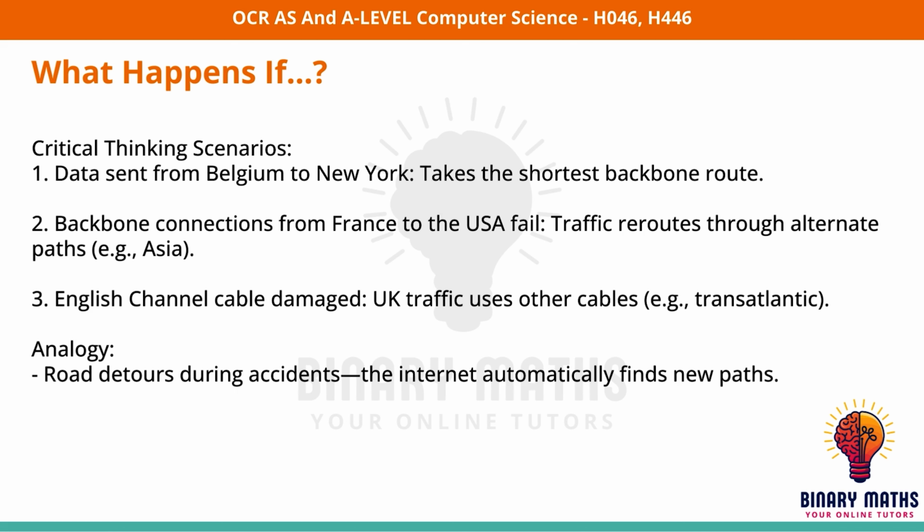Data packets simply reroute through other paths, like detouring through Asia or Africa. Think of it like your commute. If your usual train line is down, you take the bus or another tube line. The internet does this automatically, thanks to routing protocols, smart algorithms that find the quickest available path.